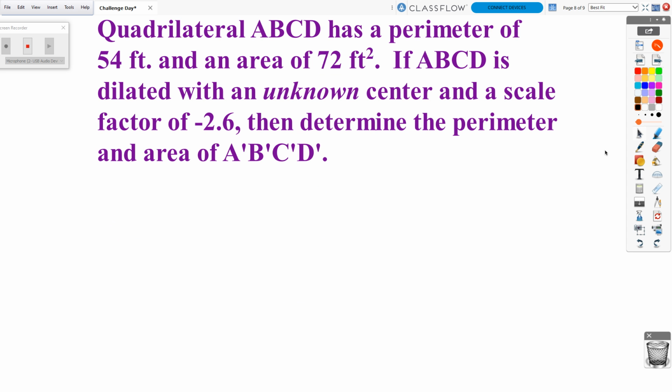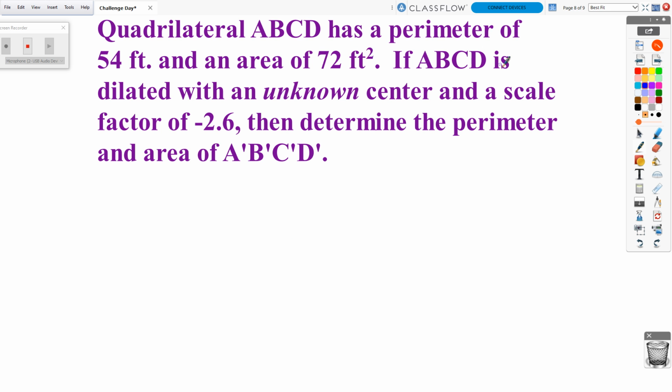All right, last problem. It says quadrilateral ABCD. Don't have a picture, don't care. Could it be a square? Maybe. Could it be a rhombus? Maybe. Could it be a crazy quadrilateral? Sure. Doesn't matter. It's got a perimeter of 54 feet, though. So all four sides add up to 54 feet. And it's got an area of 72 feet squared.